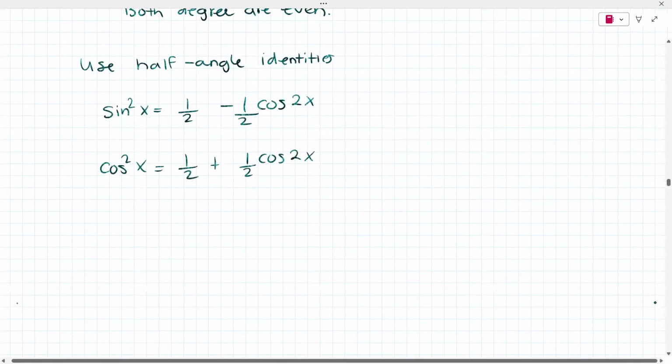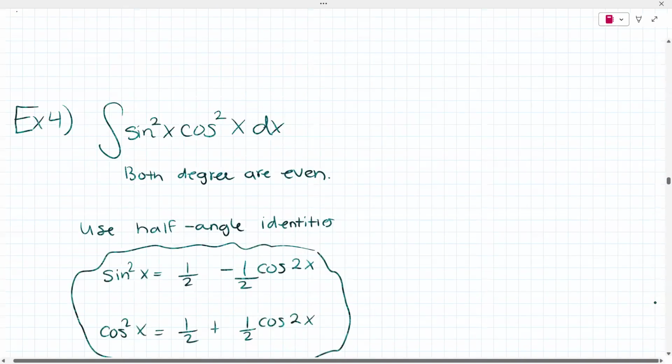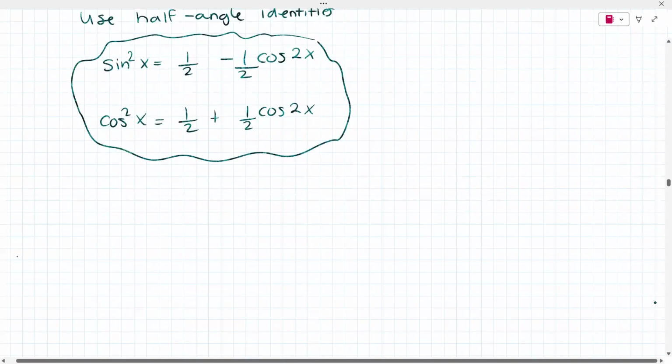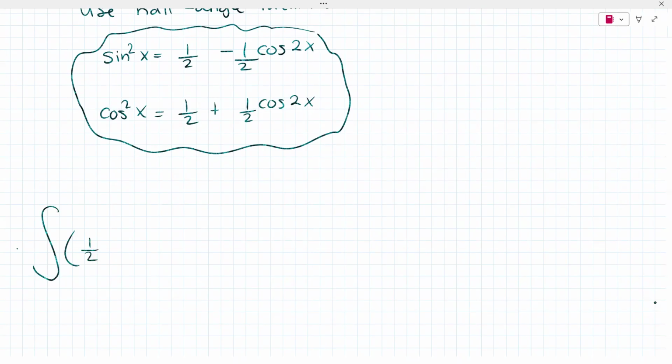So that's what we're going to use. We're going to replace the sine squared of x with 1/2 minus 1/2 cosine of 2x, and then we're going to replace cosine squared x with 1/2 plus 1/2 cosine of 2x. That's exactly what we're going to do.